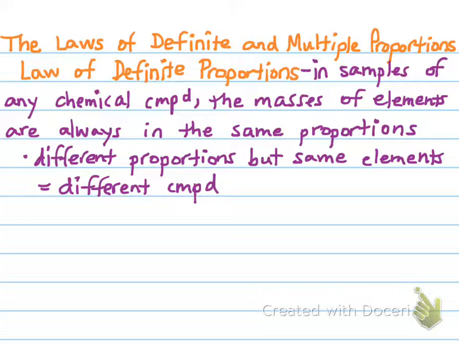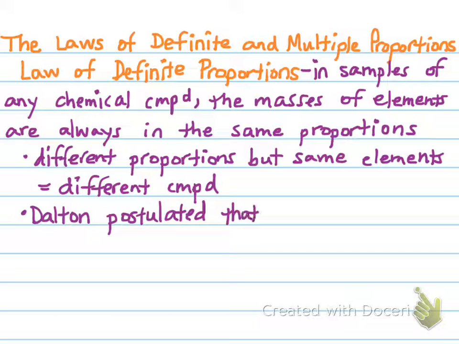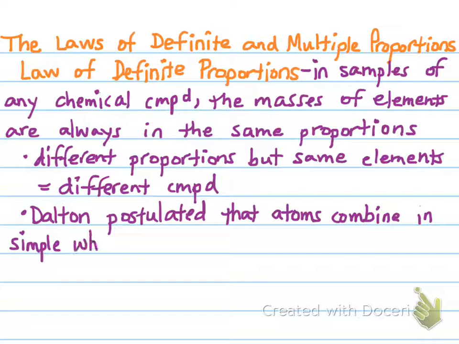And this really goes back to John Dalton again, one of those scientists we talked about in Chapter 5. Dalton postulated, which means he hypothesized, that atoms combine in simple whole number ratios.